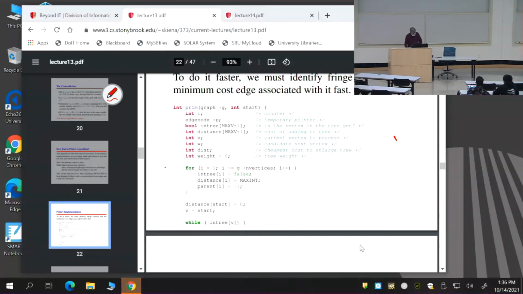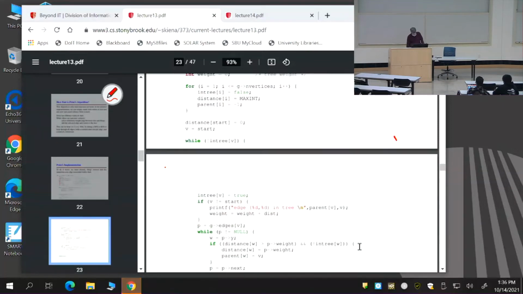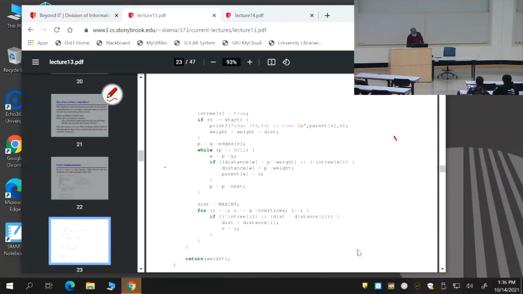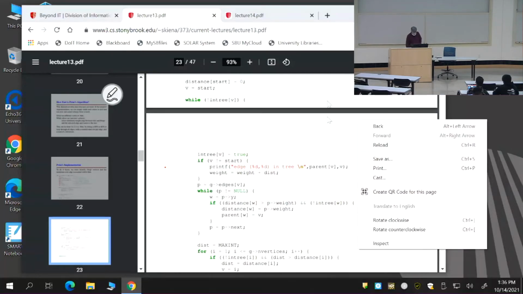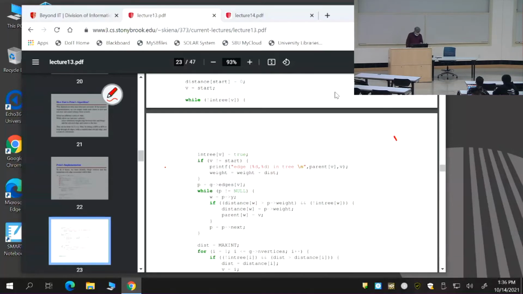So what is the key loop in Prim's algorithm? While V is not in the tree, which was certainly the case at first, we're going to add it to the tree, and then look at what the consequences are. First of all, if I'm adding a vertex to the tree, I may want to print out what edge was the edge that got it there.